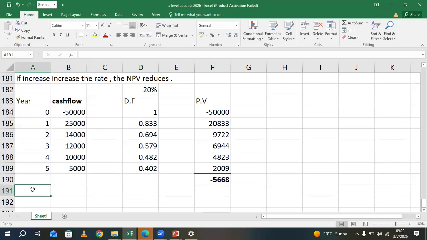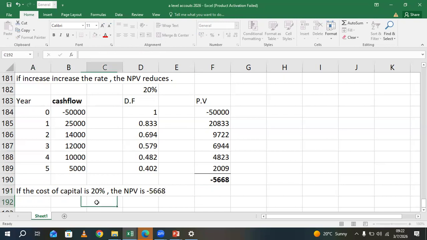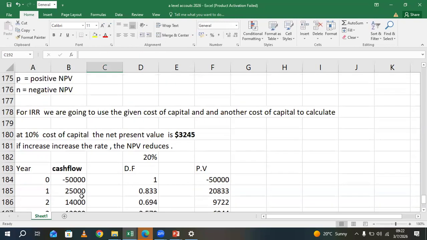So if the cost of capital is 20%, the net present value is negative 5668. So now we have our variables.